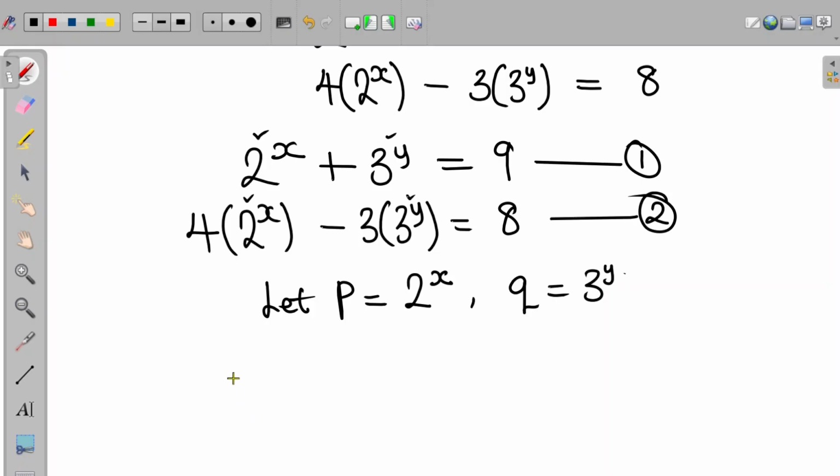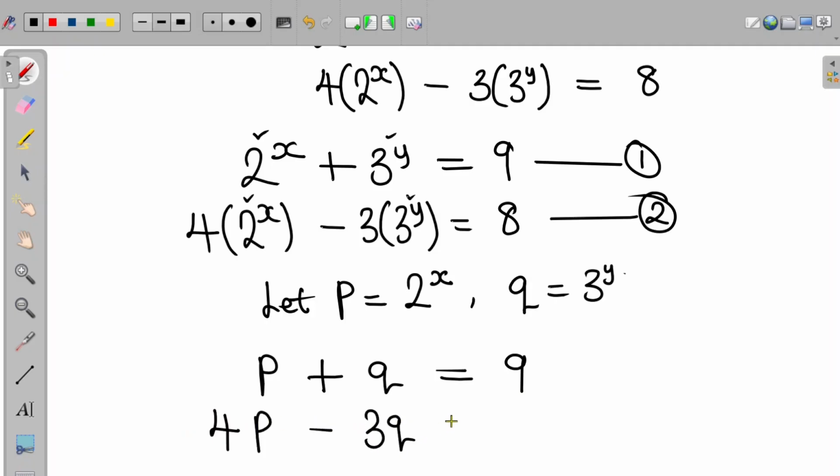So we have p plus q is equal to 9, and then 4 multiplied by p minus 3 multiplied by q is equal to 8. This is our equation 1 and this is our equation 2.